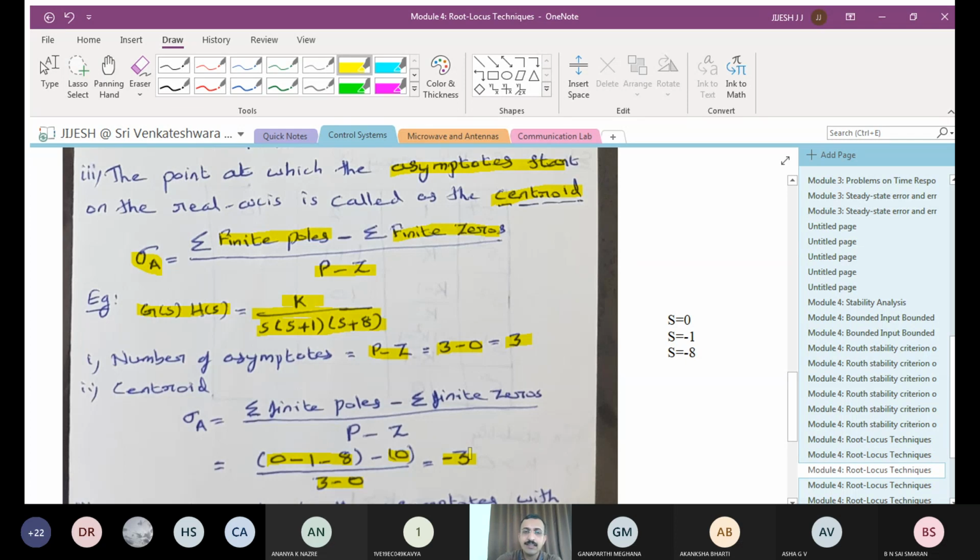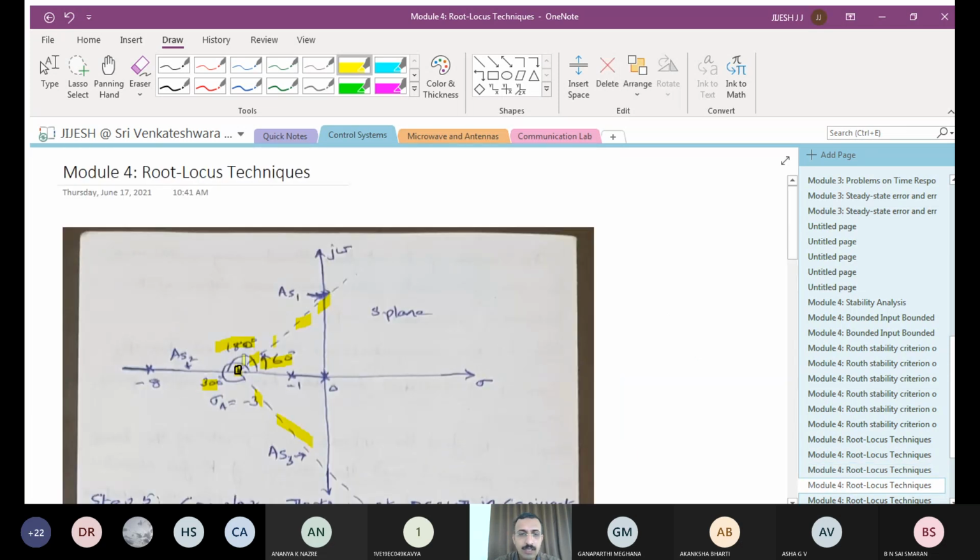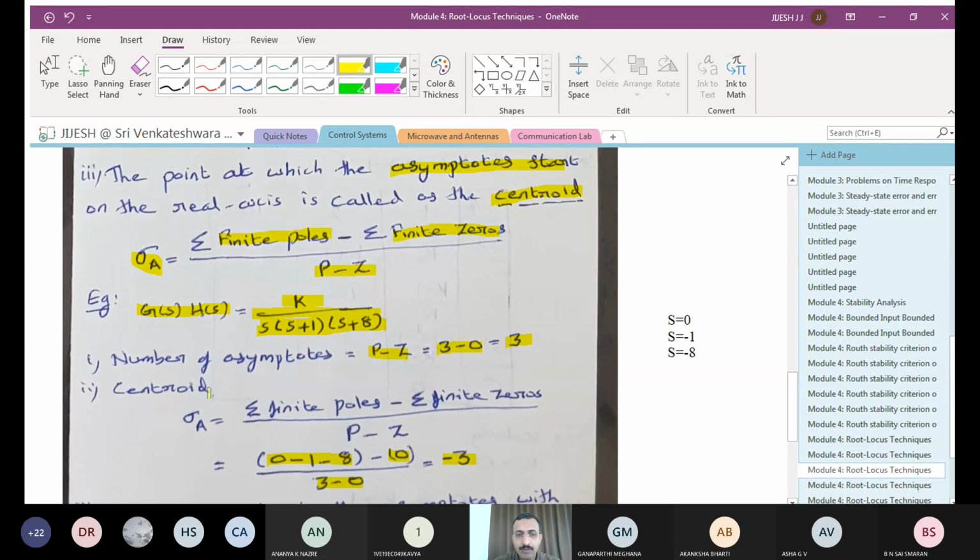Minus 3 indicates the centroid. So how do you plot it here? You can see this point. This point has to be minus 3, so that is called sigma A is equal to minus 3. At this point it is minus 3. Is that over? It's not completed. We have already found two things: the centroid as well as the number of asymptotes.